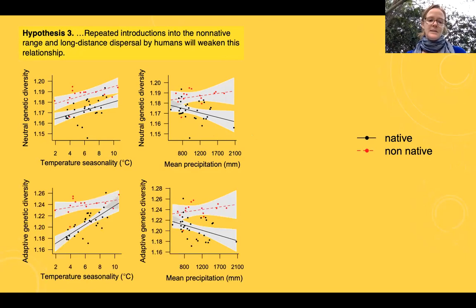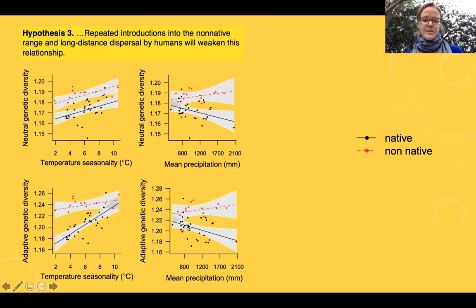And similar patterns were detected, or even a bit stronger, in adaptive genetic diversity. When we separated that part of the genetic markers that were putatively under selection, we found that in the native range, there was a strong positive relationship between temperature seasonality and genetic diversity, but not in the non-native range.